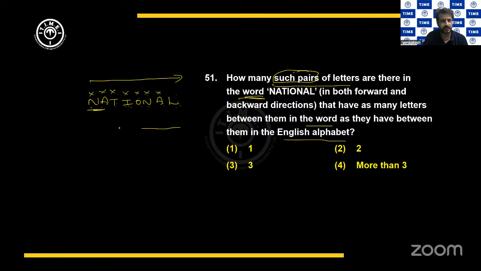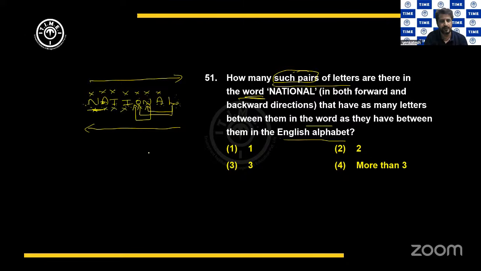Now go to the backward direction. L, M, N matching. L, M, N, O matching. L, M, N, O, P, Q, R is nothing. A, B, C, D, E, F, G, nothing. N, O is matching. N, O, P, Q, R is no. O, P, Q, R is no. I, J, K, L no. T, U, V no. A, B no. So the remaining ones are all not matching.